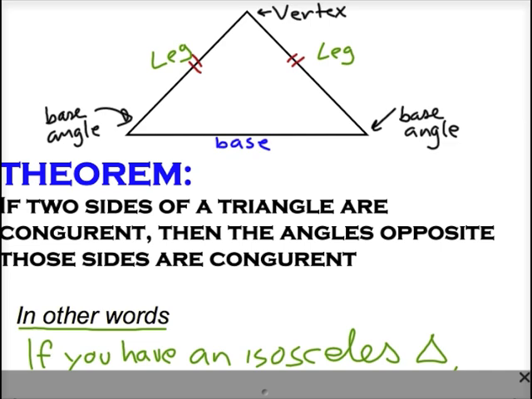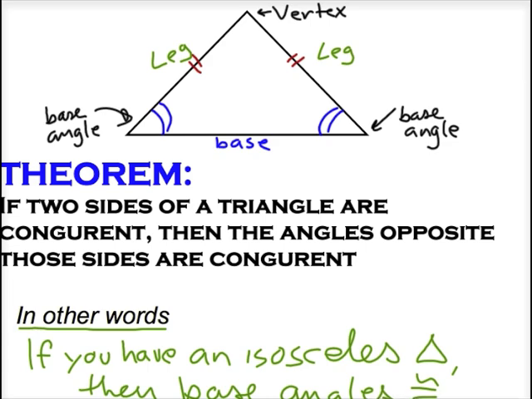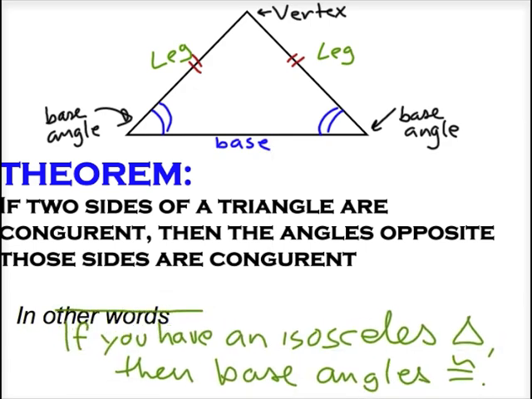So that means that these angles will always be congruent to each other. In other words, if you have an isosceles triangle, then the base angles are always going to be congruent. Let me pull that up for you. So we can use that to solve some problems.